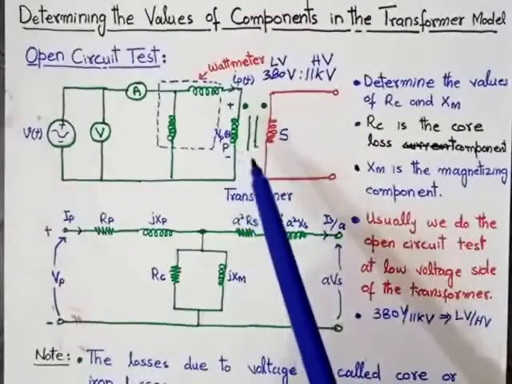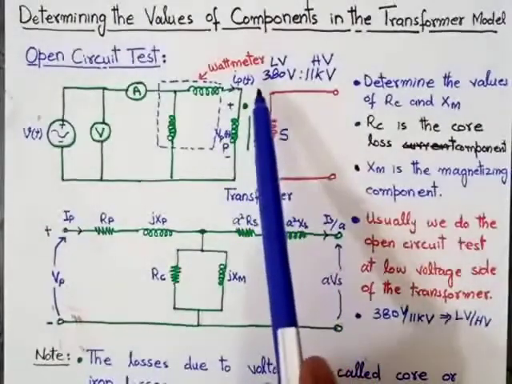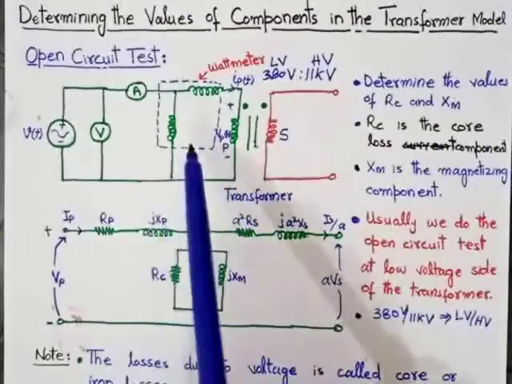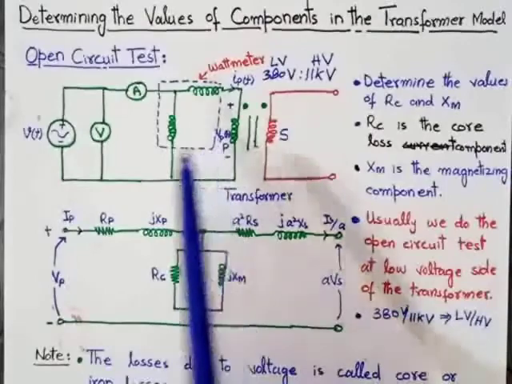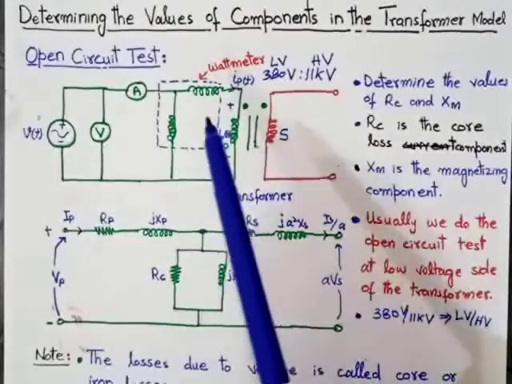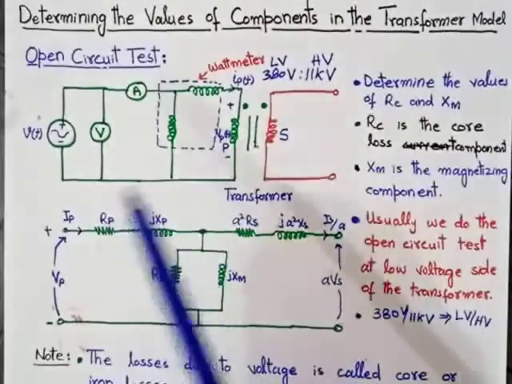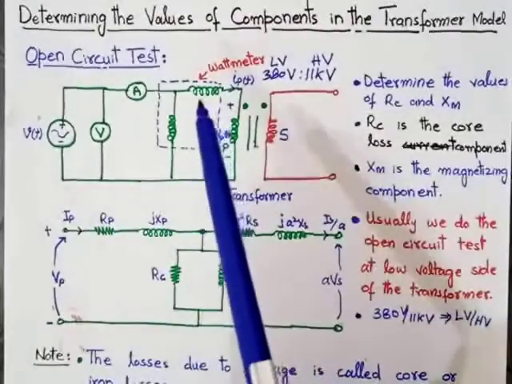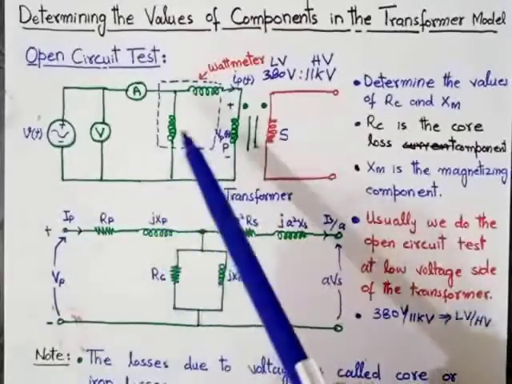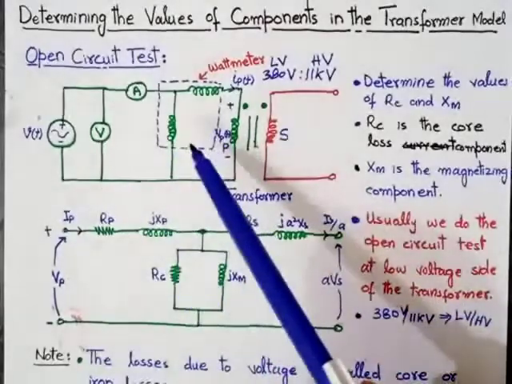So, as you can see in this relation, the low voltage side is the primary side. It means the voltage of the primary circuit is low. As we know, the relationship between voltage and current is inversely proportional. When the voltage is low, the current will be high in the primary circuit.